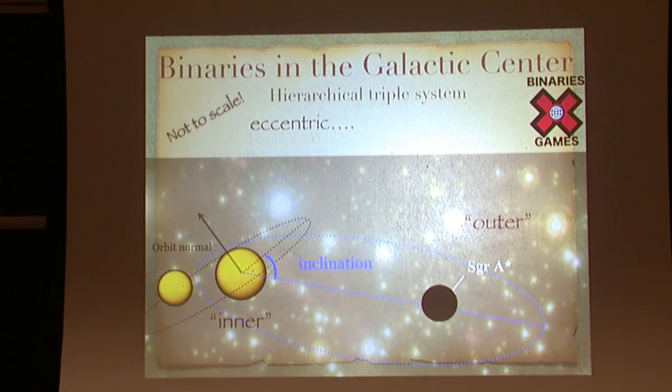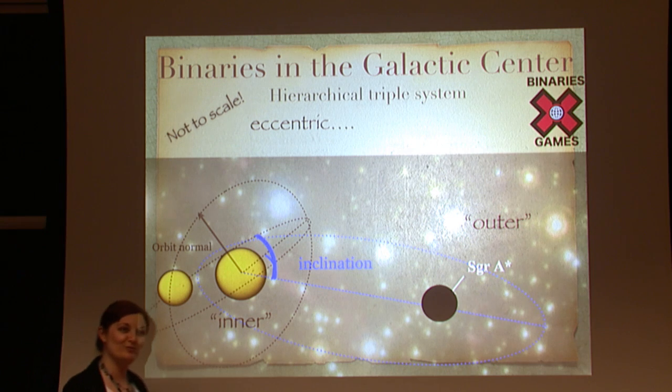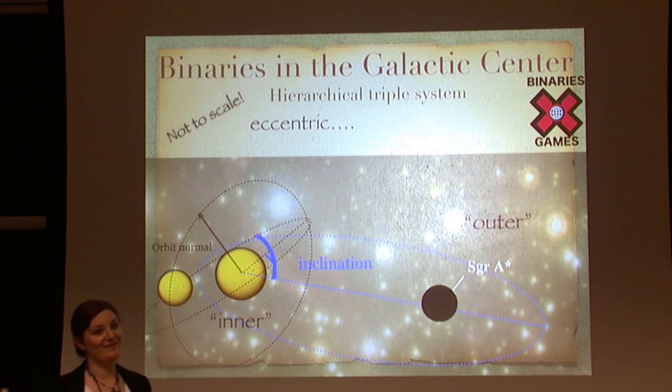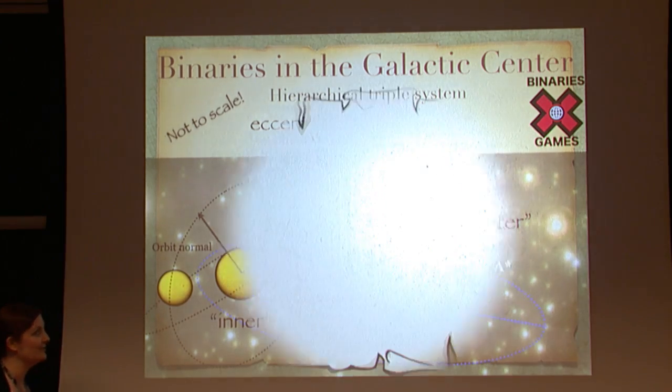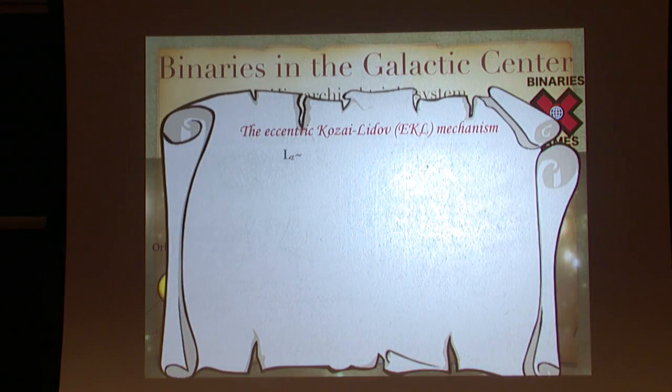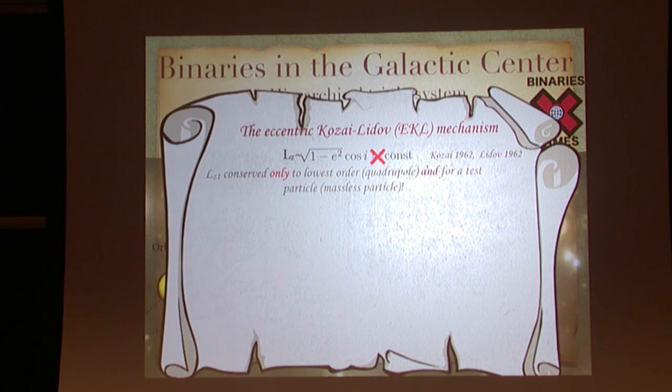Now, if you've never heard me talk about this, which I'm describing now, it's the quasi-Lidov mechanism, I'll be very happy to talk with you at length over the break, or give me an hour or two, and I will talk about this. But to make a long story short, we're talking about the eccentric quasi-Lidov mechanism, where by now we know that this conservation law, the quasi-constant of motion, is only correct to the lowest order of approximation.